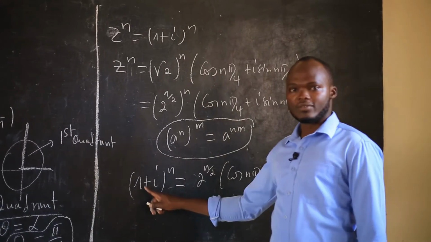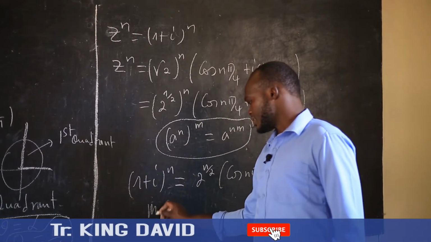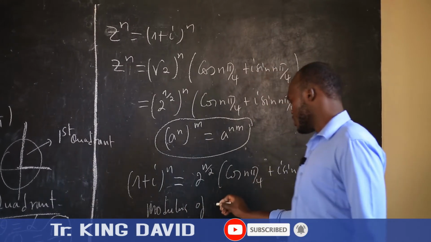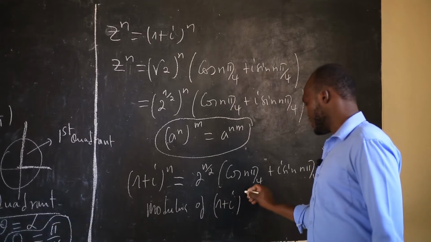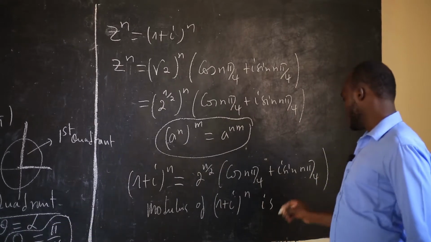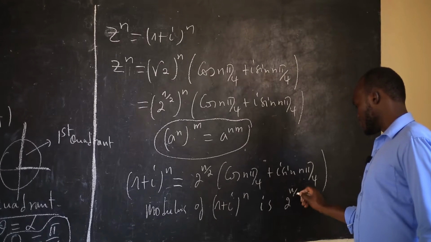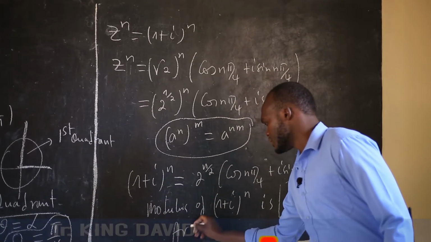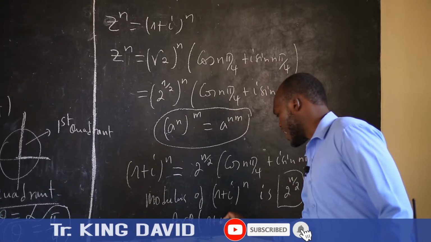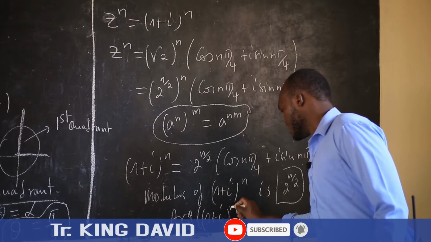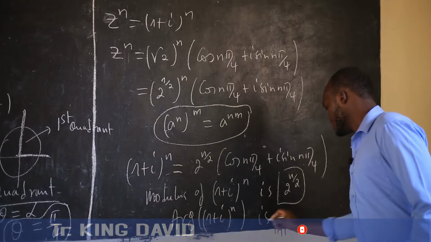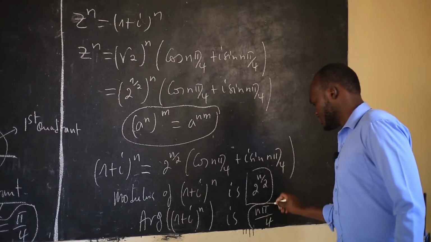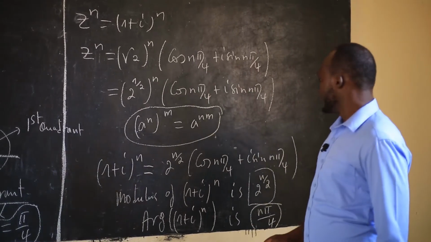It means that the modulus of (1 + i)^n is 2^(n/2), and the argument of (1 + i)^n is nπ/4. That's the answer.